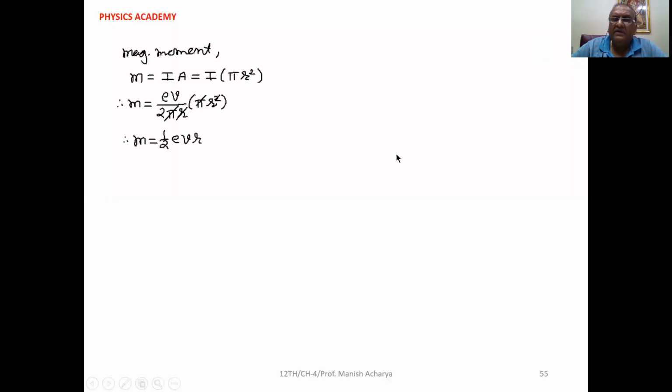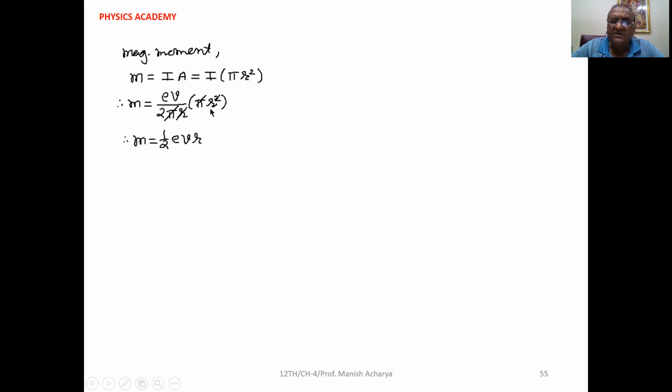Now, magnetic moment M is I into A. So A, the area of the orbit, is pi r square. Now substitute the equation of I which we derived earlier. So that is e v upon 2 pi r into pi r square.